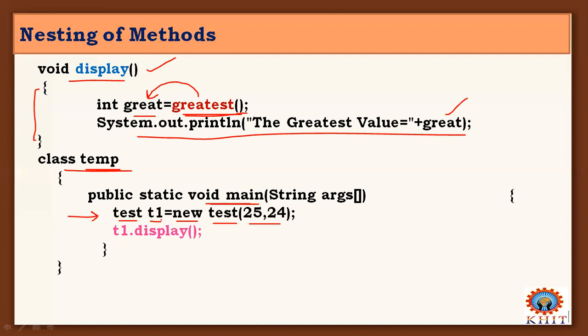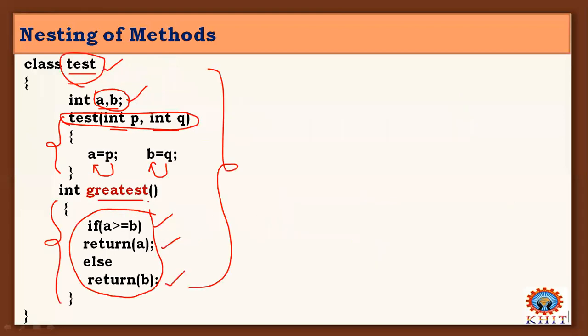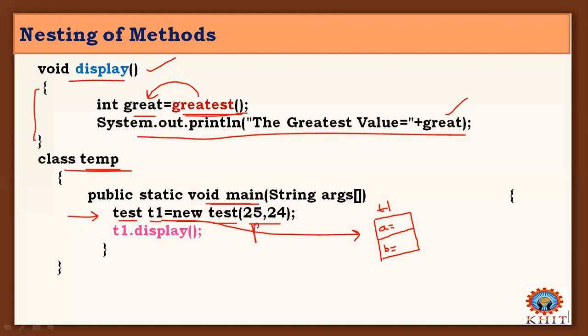Then, as I told you in the previous videos, some part of memory is created for this object. The reference to this memory location is T1, and here it allocates memory for the two instance variables of class test, that is A and B. These two values are passed into P and Q. P is 25 and Q is 24.